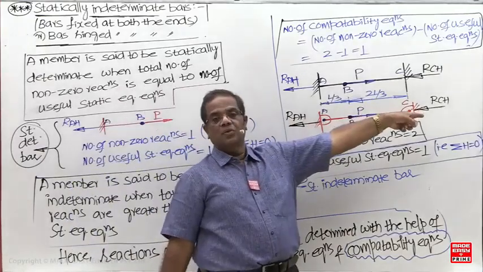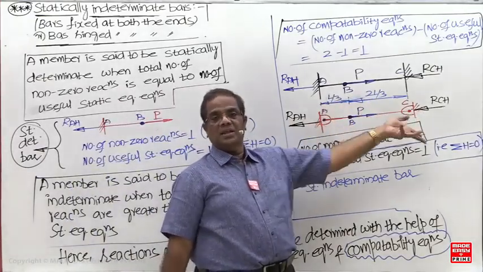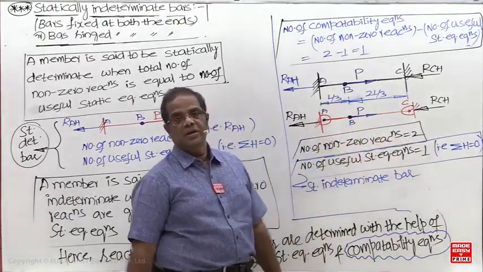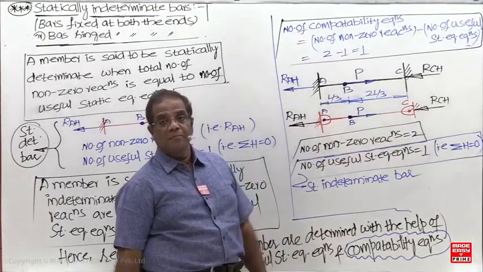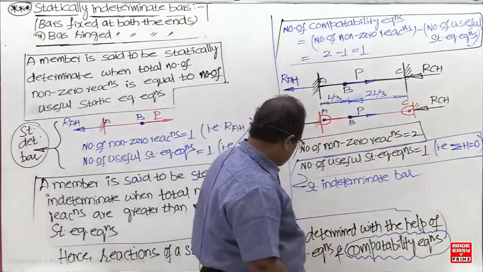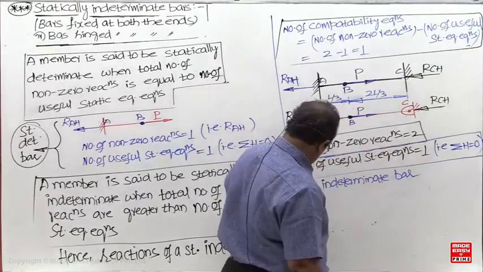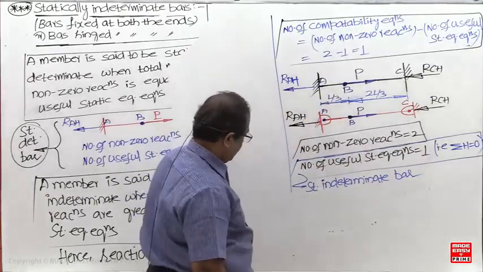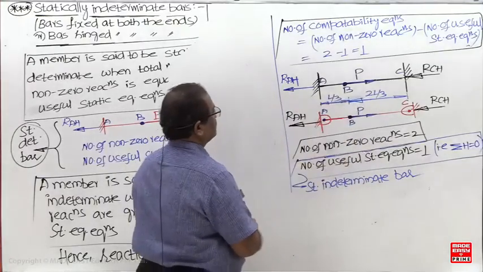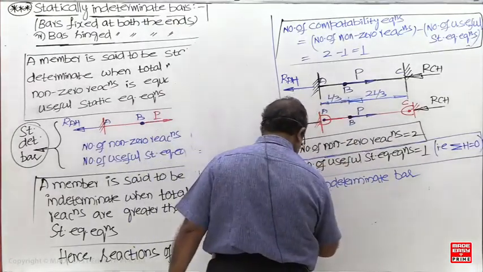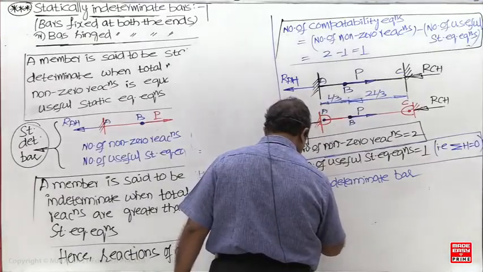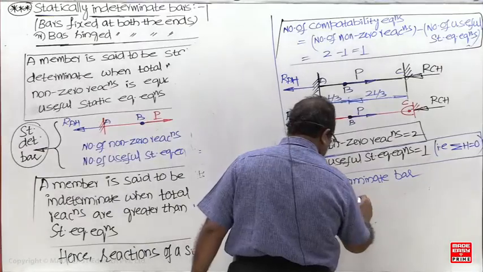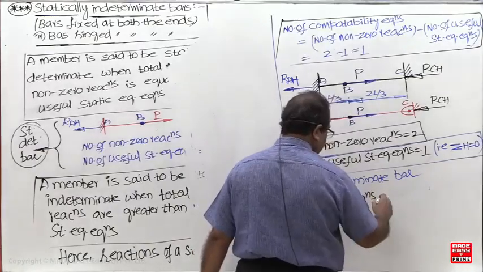Change in length of the bar is 0. Is it series or parallel? Series. So change in length of AB plus change in length of BC should be equal to 0. Number of compatibility equations is 1.